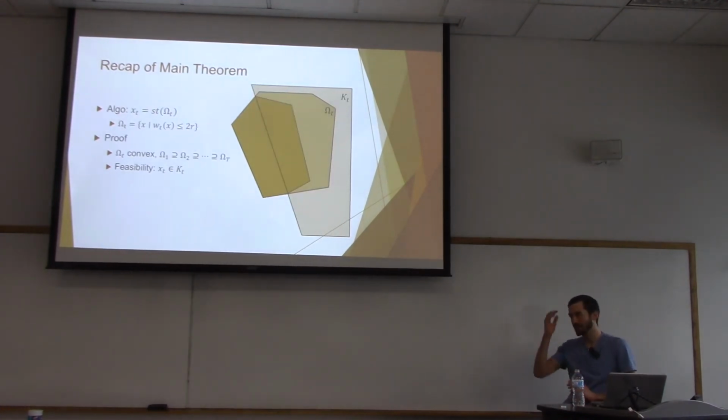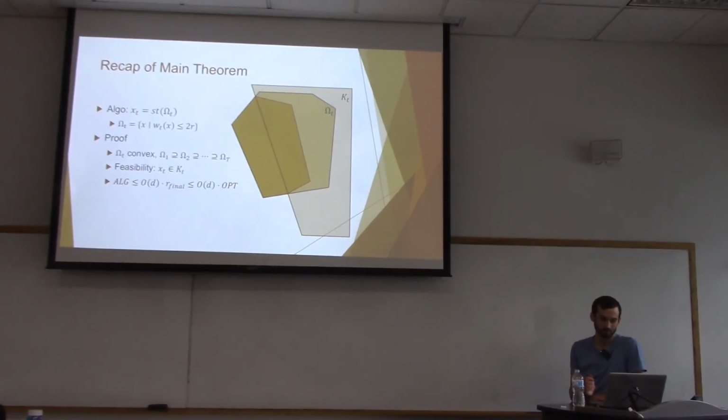And to me, the key picture here is, again, thinking of the part of omega t which is reflexive over kt, and then there's the extra mass on the side of kt. And then the algorithm will pay order of d. Order of d is coming from the analysis in the nested case of the Steiner point algorithm, and that's order d times opt. So we have an order d competitive algorithm.